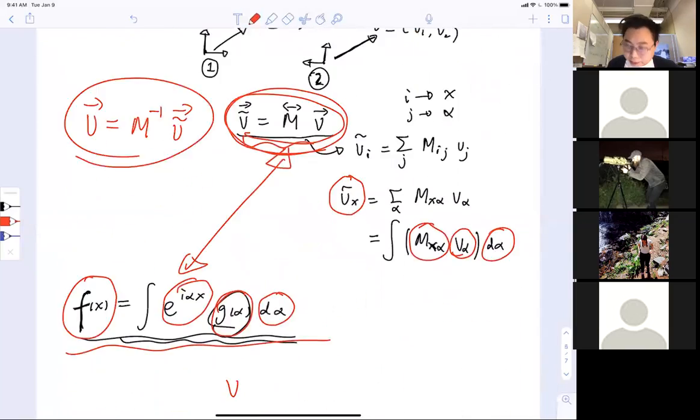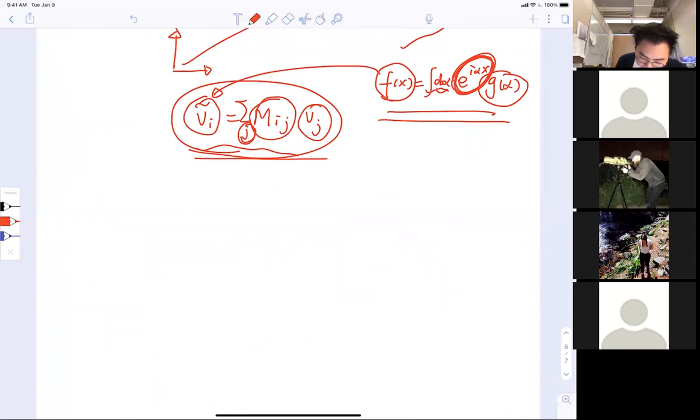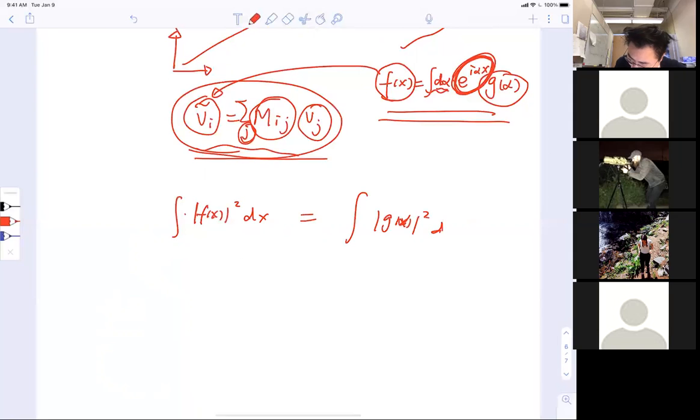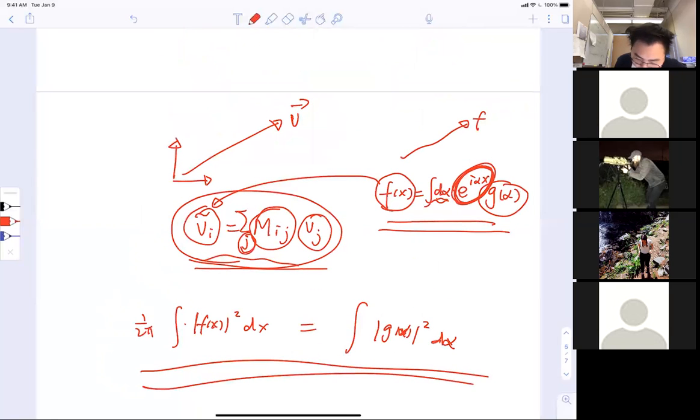And there's a property, I don't remember exactly, something like this equal to something in alpha.